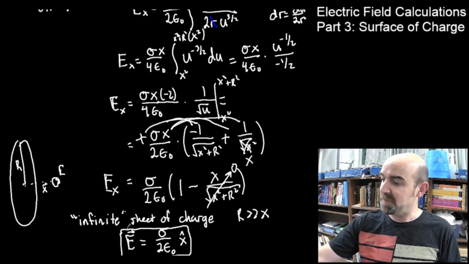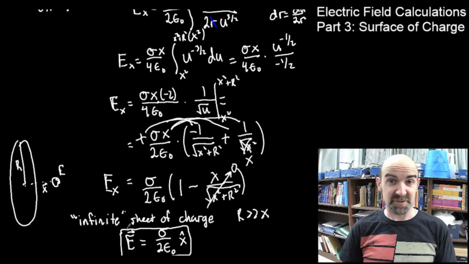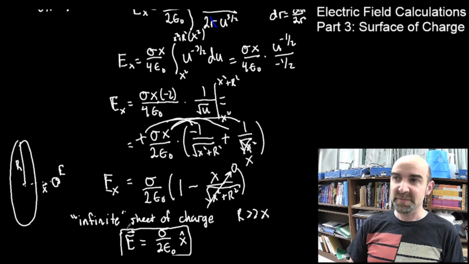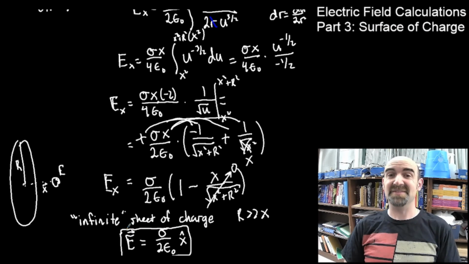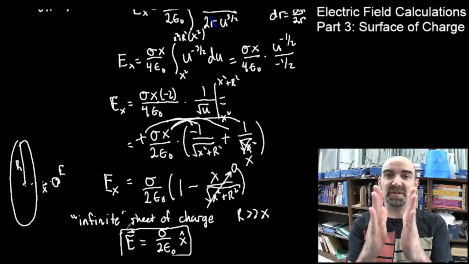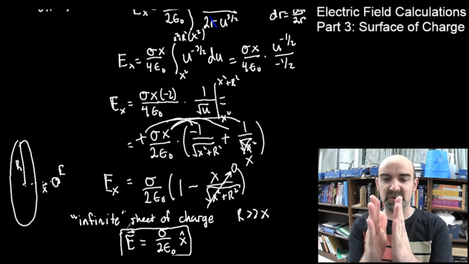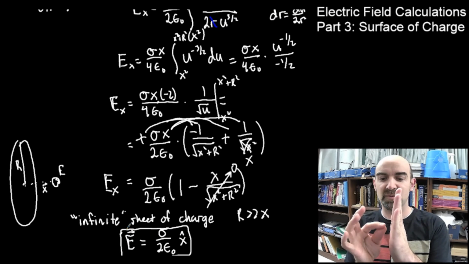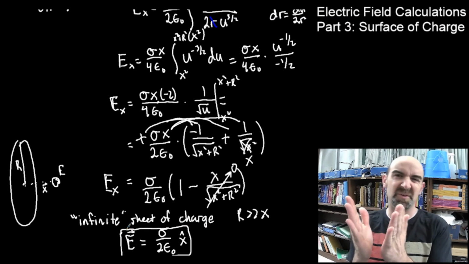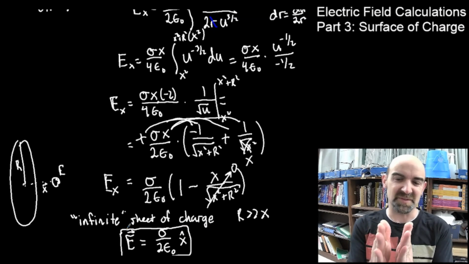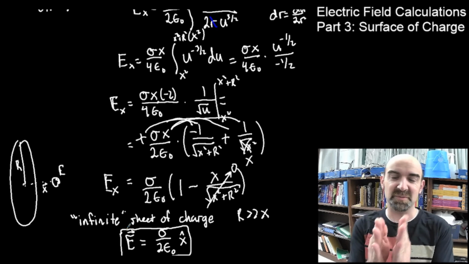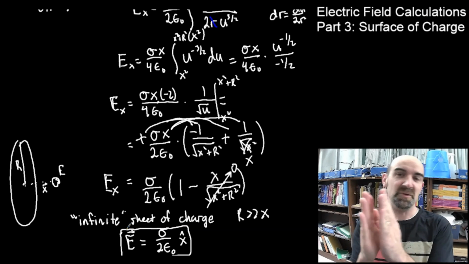For example, a capacitor is an electronic component, and at its essence, it is 2 sheets of charge that are separated, but they're not separated by much distance at all. So we could say they're 2 sheets of charge, and when we're looking at objects in between them, for a capacitor, you wouldn't really look at that, but you can create some really awesome, very constant electric fields in between 2 sheets of charge.